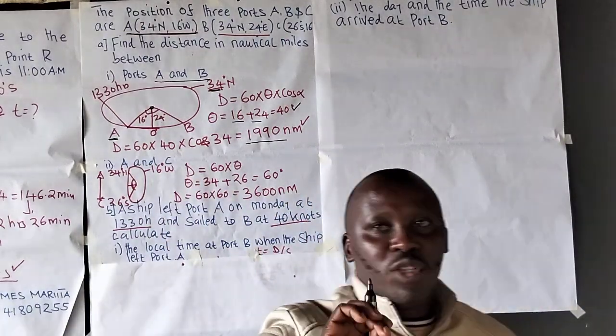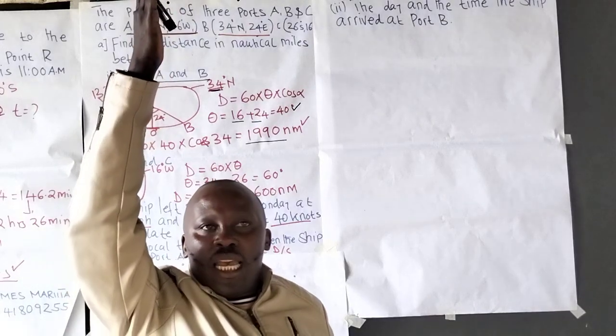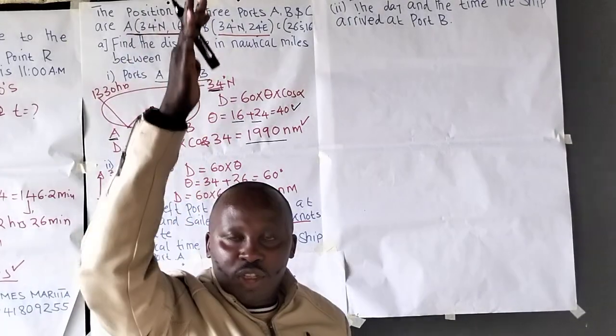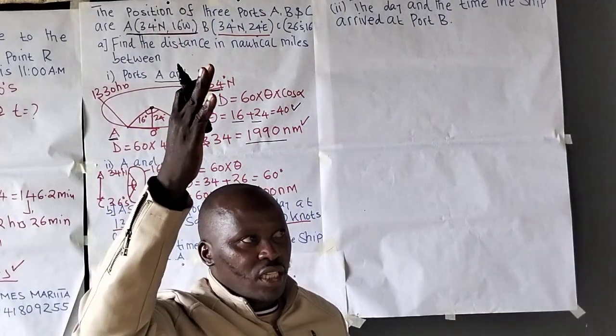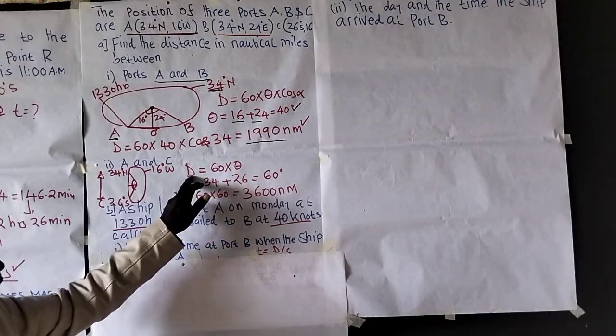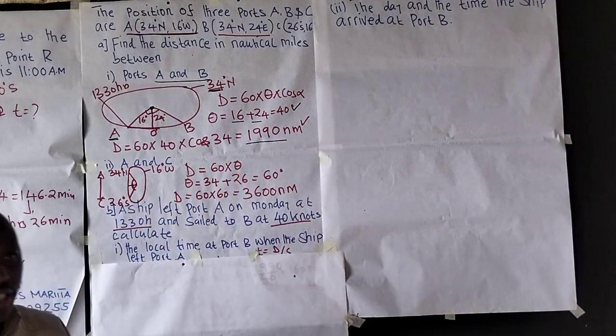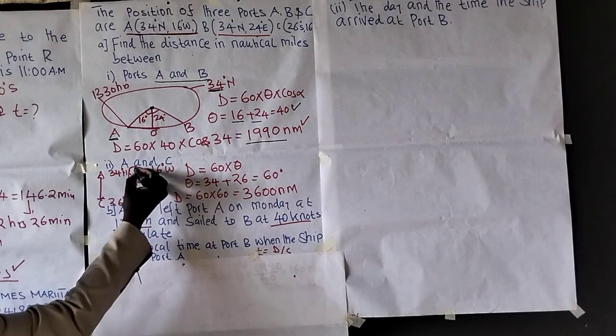The distance between A and C is the distance along the longitude, from north to south. That distance in nautical miles is just 60 times theta. What is our theta in that case?